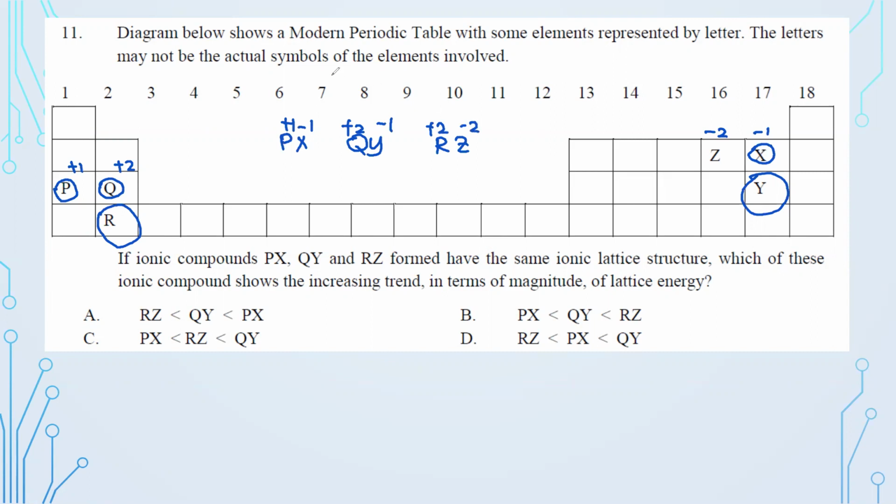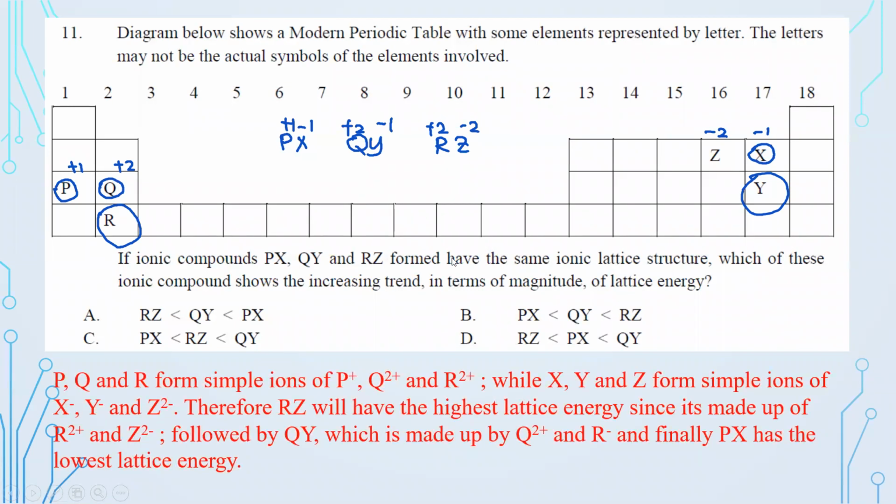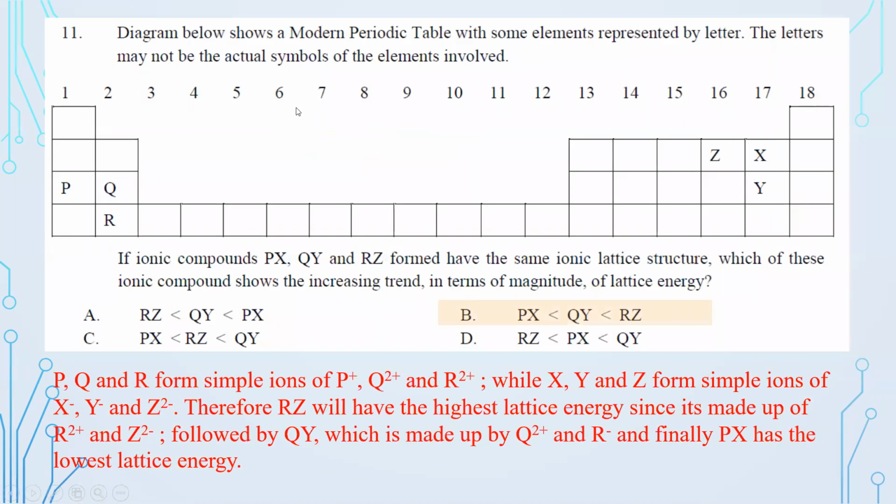So of course, among these three, RZ has the highest lattice energy, then followed by QY, then followed by PX. So the best answer in here is B. Okay, so this is how you solve question number 11. Then we go to question number 12.